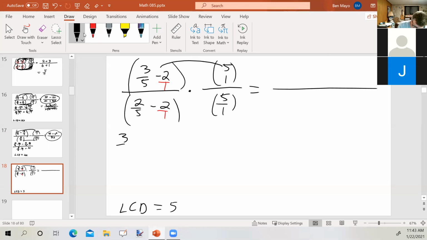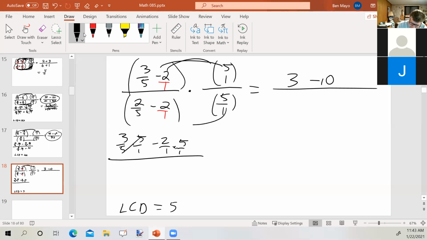Let's see. 3/5 times 5 over 1 would be 3. Minus 2 times 5 over 1 would be minus 10. In the denominator, 2/5 times 5 over 1 would be 2. Minus 2 over 1 times 5 over 1 would be minus 10.